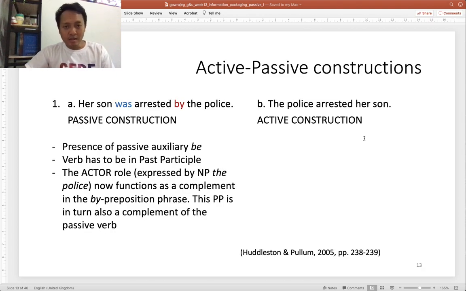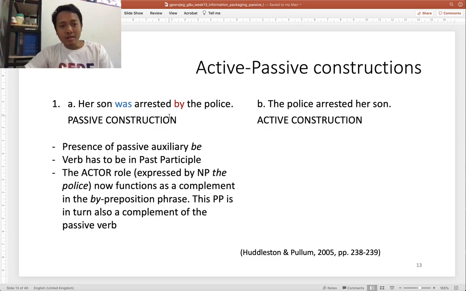If we look at this passive construction, the forms are different from the active one, in addition to the word order difference between the participants. Here her son comes first before the verb phrase, meanwhile in the active it is the police that comes first before the verb phrase.